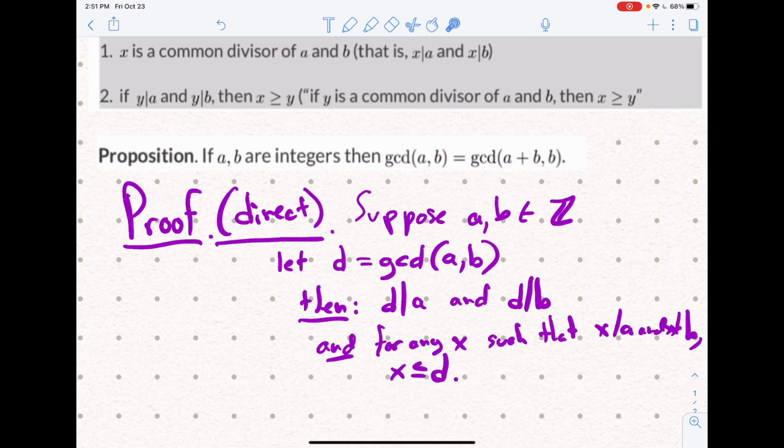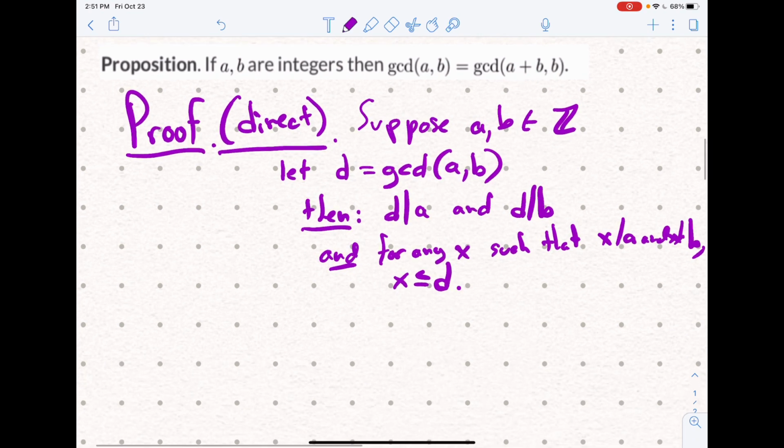So we started with our two numbers, and we're taking the GCD of those two numbers. We're calling that D. And now what we would like to do is consider what happens when we divide that into a plus b and b. We're now looking at the two numbers a plus b and b. I'm going to break this up into separate claims because it's easier to think about that way.